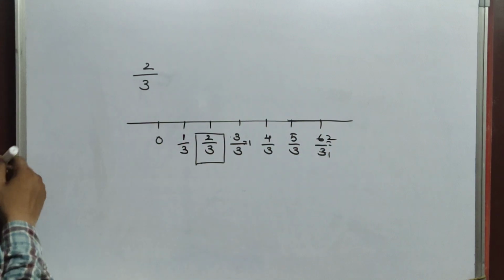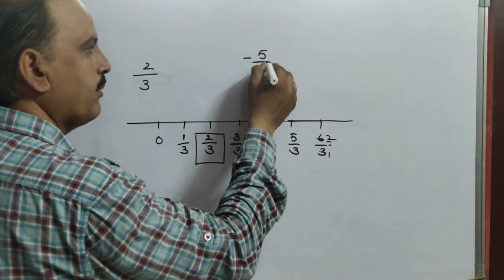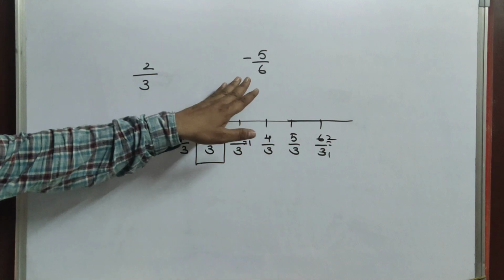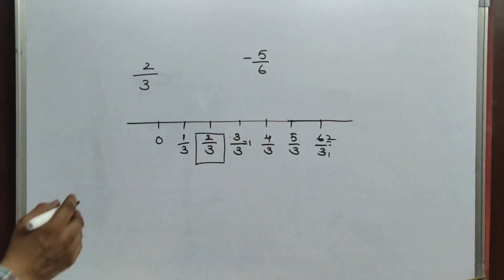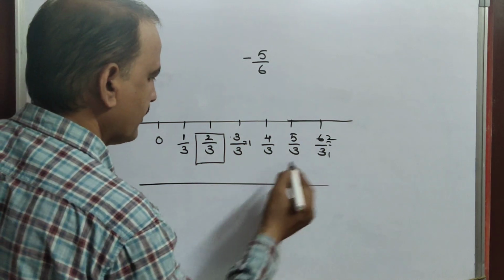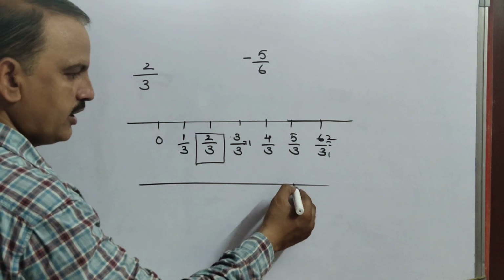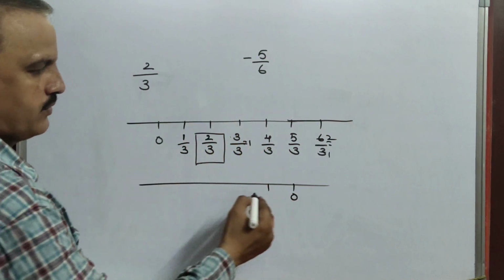Suppose the question is negative. Suppose minus 5 by 6. The question is given minus 5 by 6 and is asking you to represent minus 5 by 6 on a number line. Now this is negative. So go here, 0. Now 6 is the denominator.